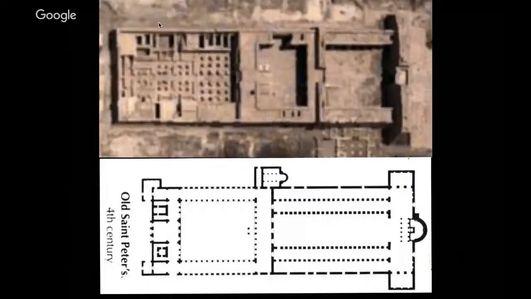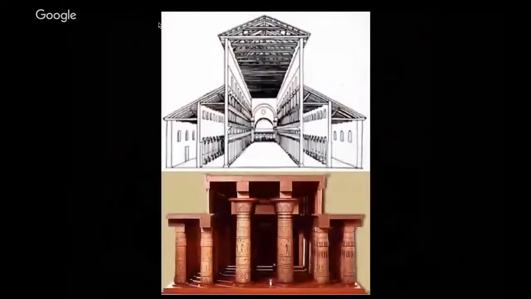They started it in 1506 and they completed it in 1626. I have no evidence whatsoever that there was a church of old St. Peter. But the blueprint that they do provide shows you that this basilica was formulated on the blueprint of the ancient Egyptian temple.